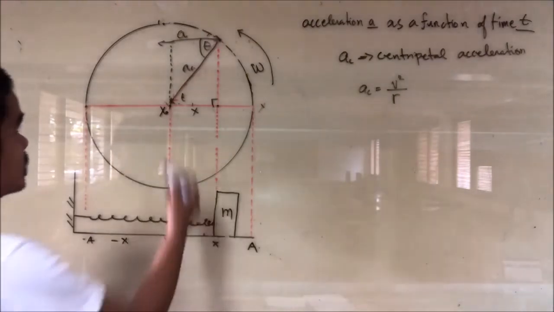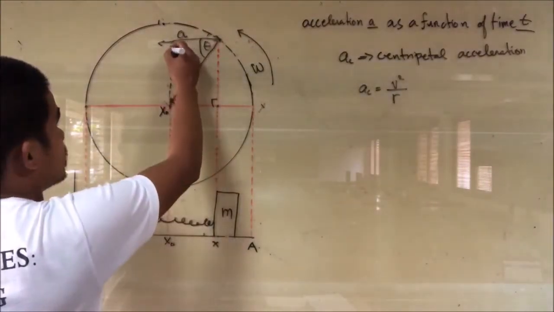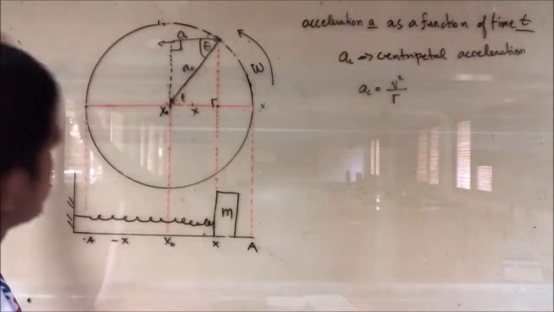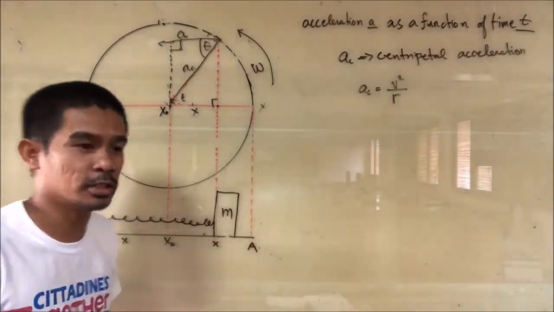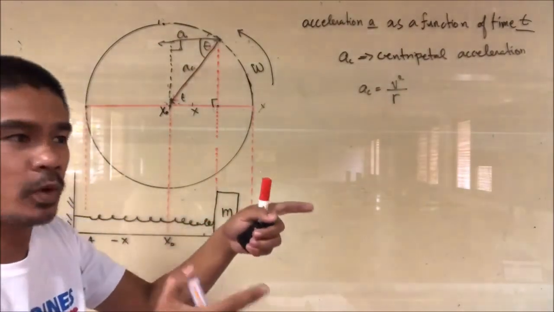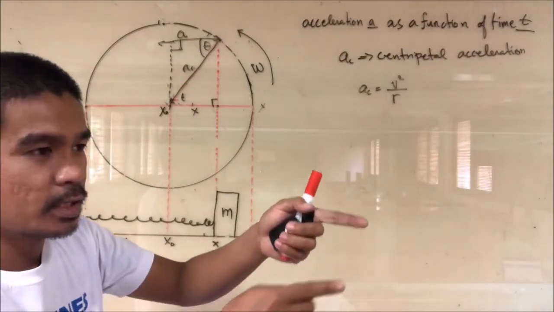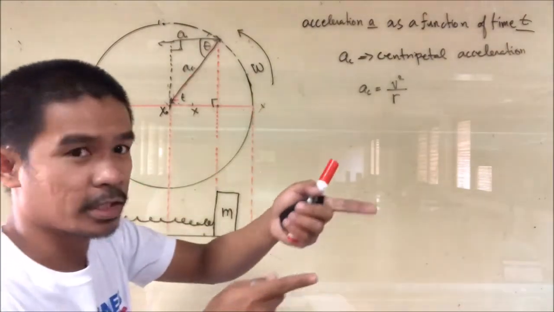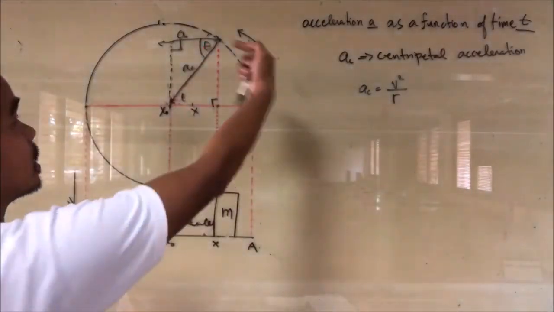If we make a line here that is perpendicular to A, it points in that direction, since the displacement goes in that direction. These two quantities, the acceleration and the displacement, are in opposite directions. So that's why a is pointing in that direction.